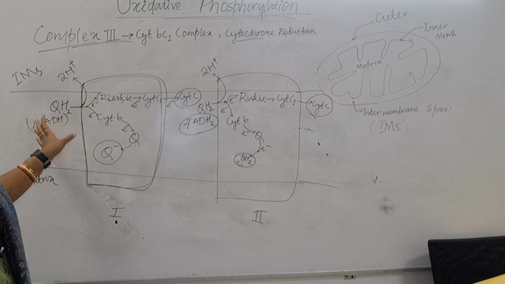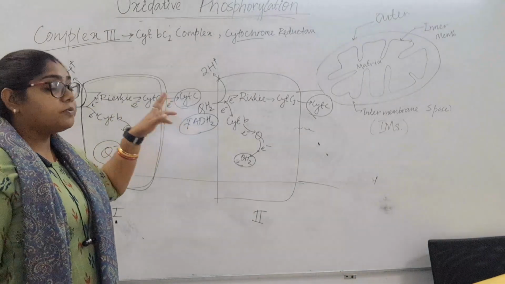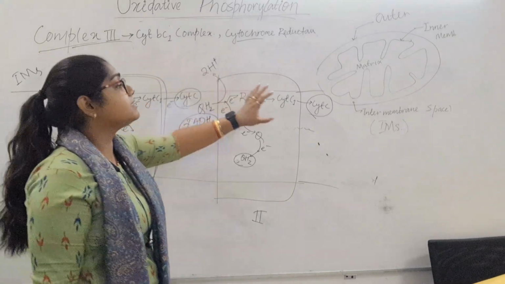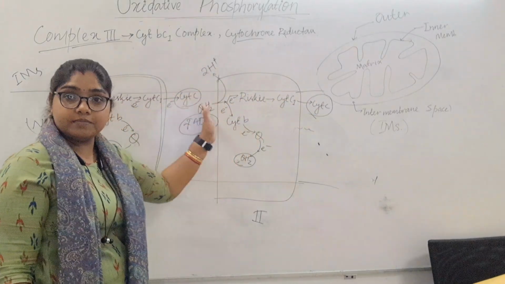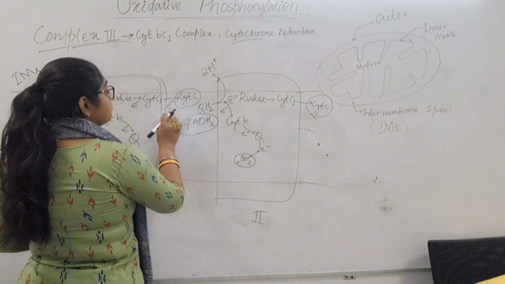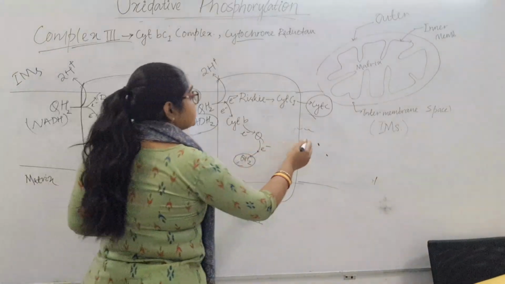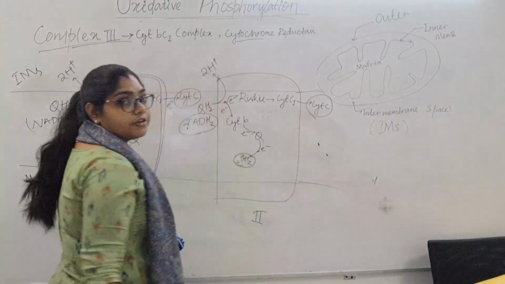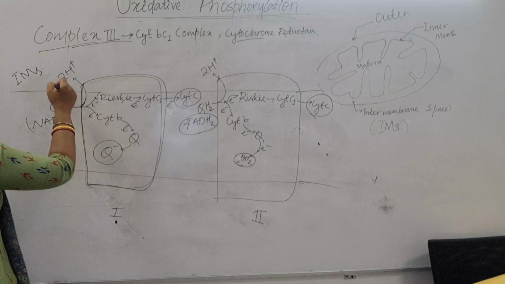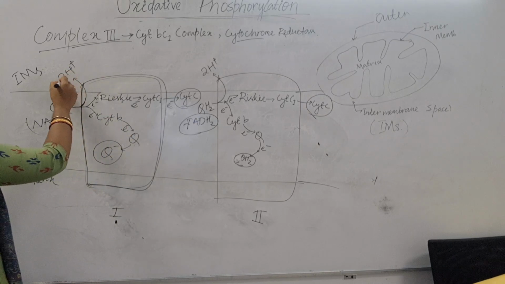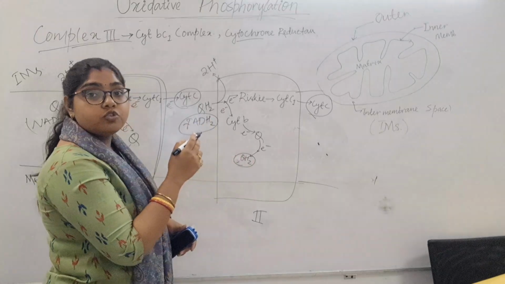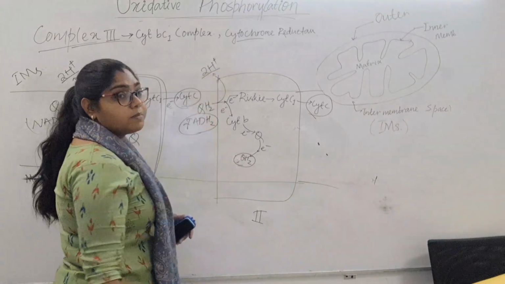Now they transported the electron to cytochrome C. This is another cytochrome C; they are not the same cytochrome C. So they transported one electron to cytochrome C in the first step, and in the second step to another cytochrome C. In the first step it removes 2 protons to the intermembrane space, and in the second step it removes 2 protons to the intermembrane space.